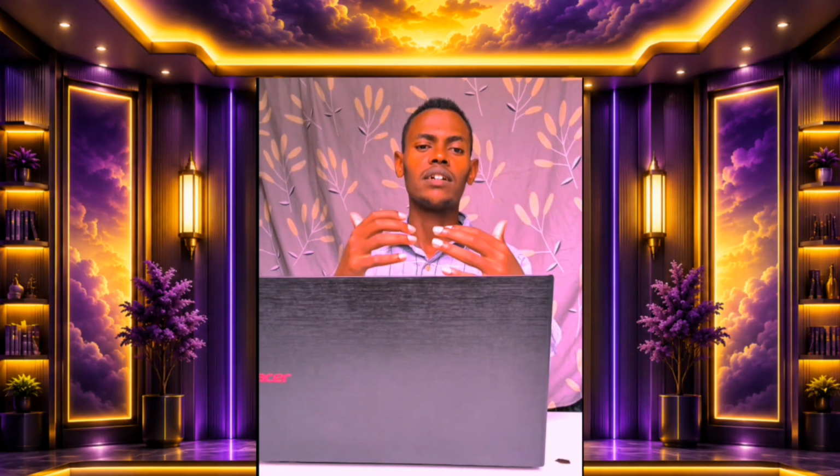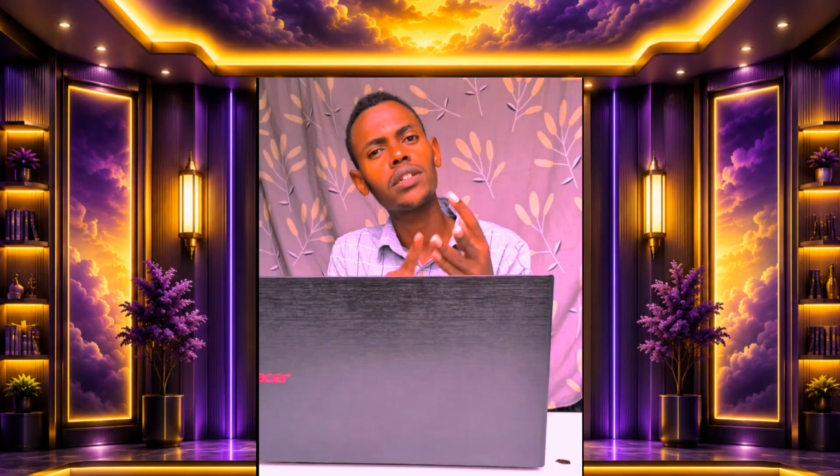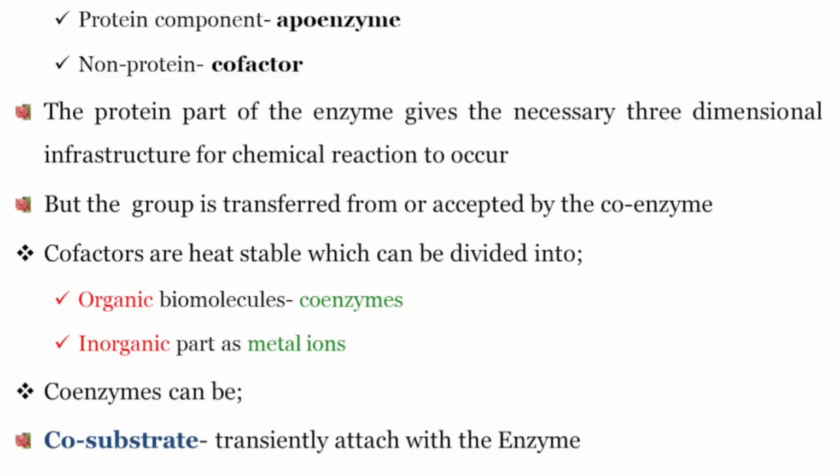When we talk about the coenzyme, it is the cofactor which is formed from vitamins. For example, riboflavin and biotin are coenzymes. Okay, the protein part of the enzyme gives the necessary three-dimensional infrastructure for the chemical reaction to occur, but the group is transferred from or accepted by the coenzyme.